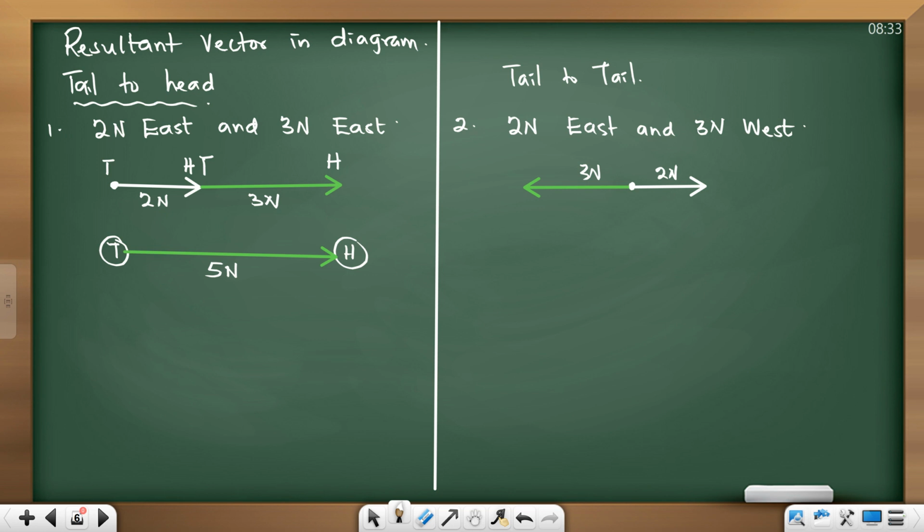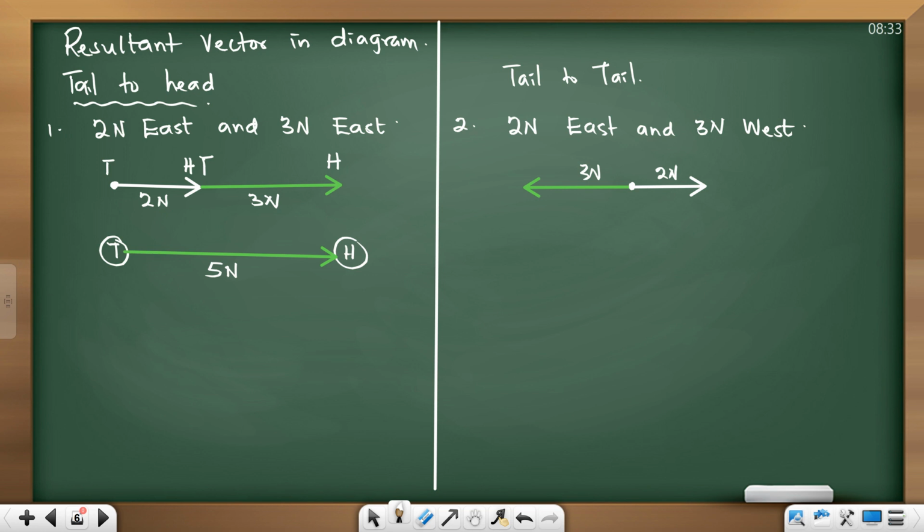Now, where will our resultant be? The resultant is always in the direction of the bigger force. Which one is the bigger force? 3 newtons. So it has to go where? West. But what's going to be the value? They are in opposite direction. What's the answer? 1.